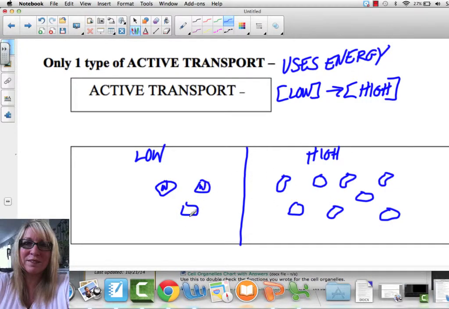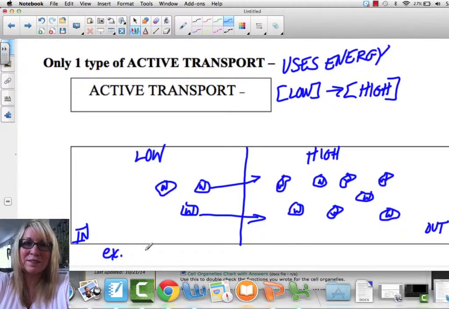I'll mark these W. So what's going to happen is these particles are going to move from low to high across the membrane by the use of energy, because we have to get waste from our cells out of our body.